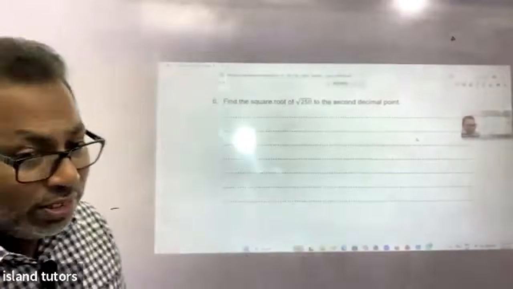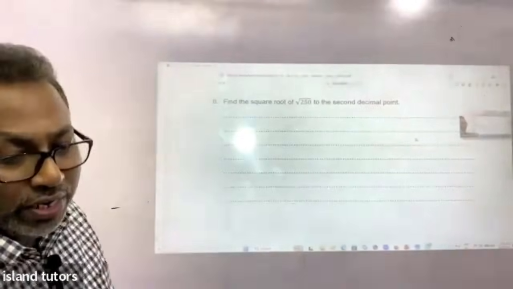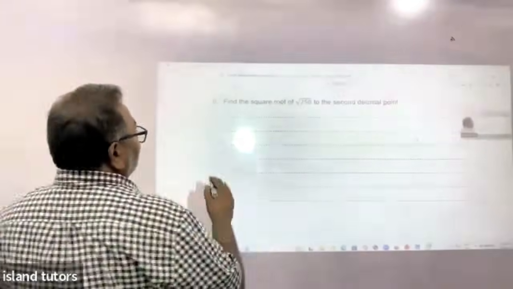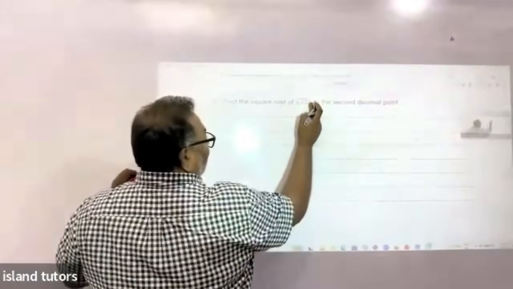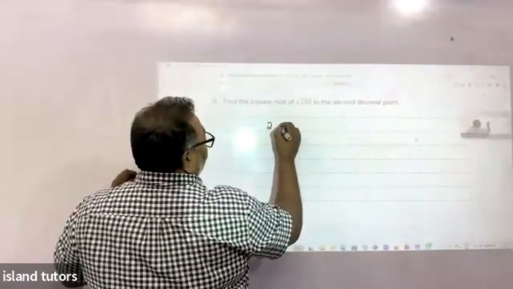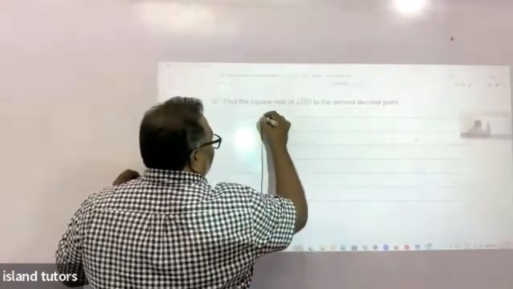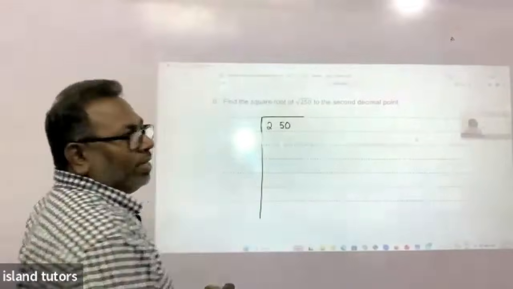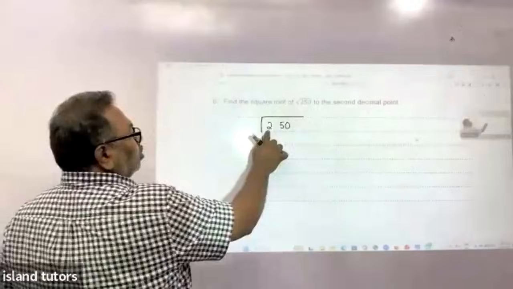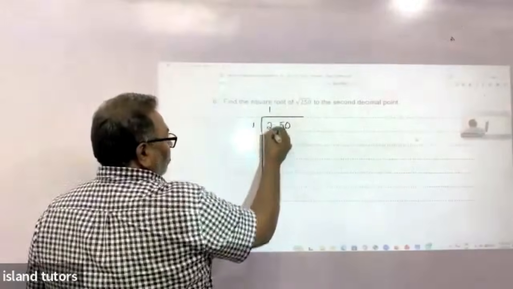Oh, we have one more, 6 questions actually. Find the square root of 250 to the second decimal place. Again, from the right hand side in pairs of 2, so 250. The perfect square closest to 2 is 1.